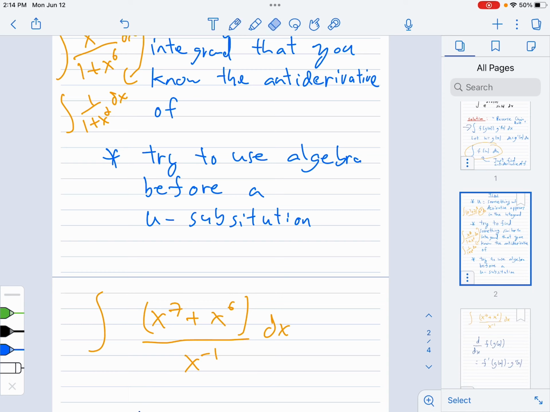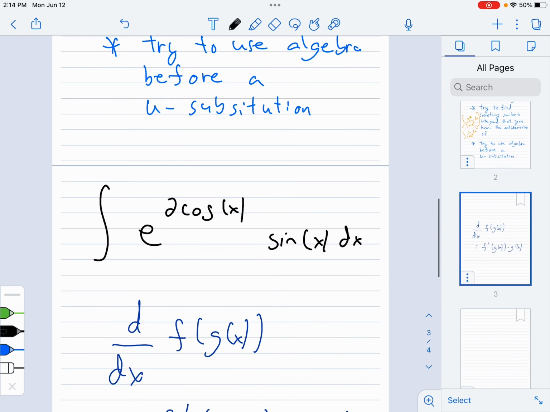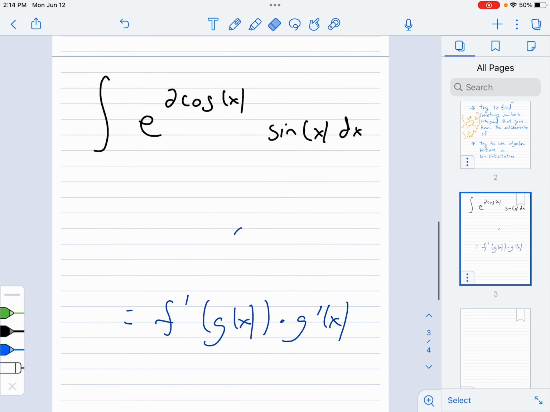Well, anyways, let me go ahead and go back to the original problem, which was the integral of e to the 2 cosine x times sine of x. So I'm going to pick my u here, my next step. In our case, my u would be what?